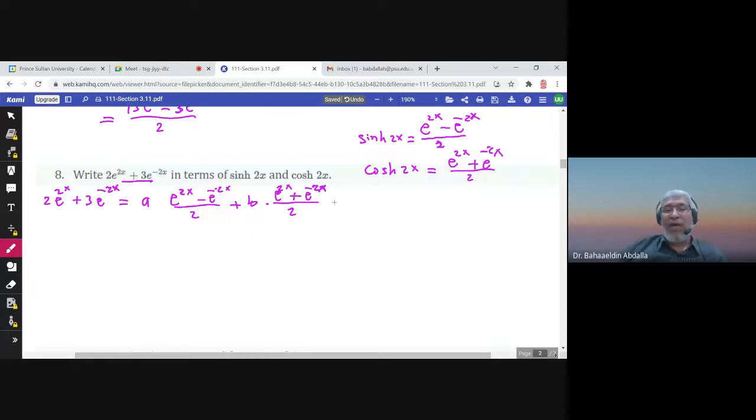Now, if I add these two, I have the same 2 here, so I will write 2 and add these two fractions. Notice that I have e to the 2x here and e to the 2x here.